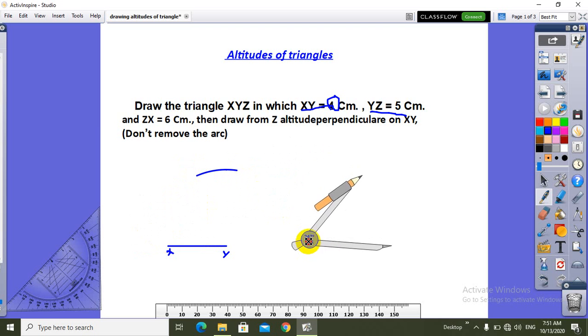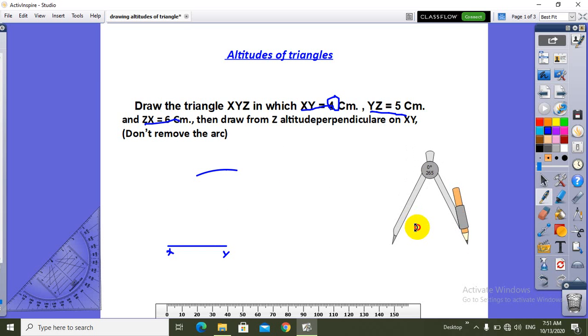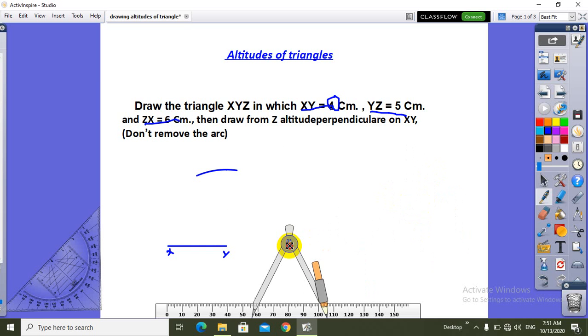Then put the compass to draw ZX equals 6 cm. This is the third step. I will turn the compass and put it on the ruler to open it to the distance 6. From 0, put the sharp point on 0 and open the pencil to 6 cm.